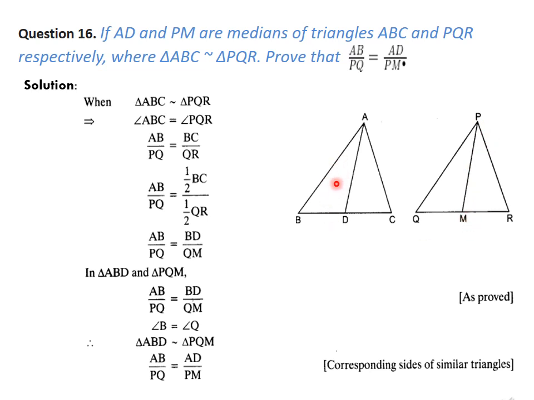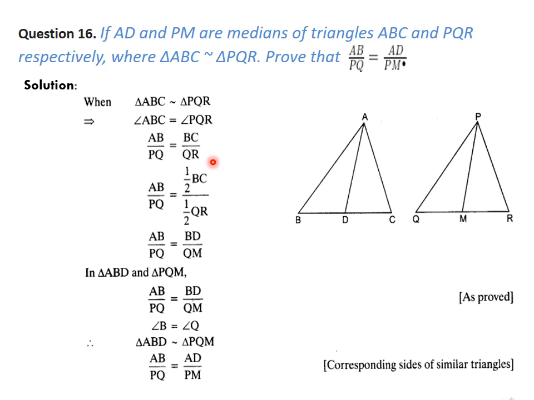So they are talking about triangle ABD and triangle PQM. To prove these two are in ratio, we can also prove that these two are similar to each other. If we can prove that these two triangles are similar, then we can obviously prove this ratio. But to do that, we can prove either the angles are equal or the sides are in proportion.